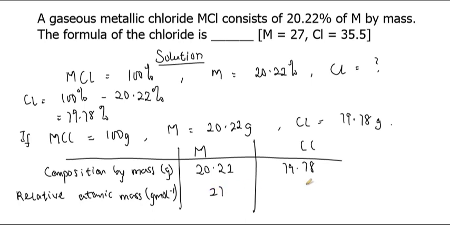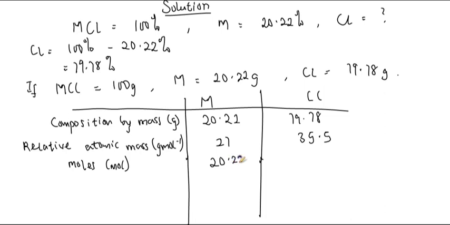And for chlorine is 35.5. To calculate the number of moles now, using our formula of mass divided by relative atomic mass, I have this to be 20.22 divided by 27, and for chlorine 79.78 divided by 35.5. So dividing this for M, I have 0.75, and for chlorine, I have 2.25.